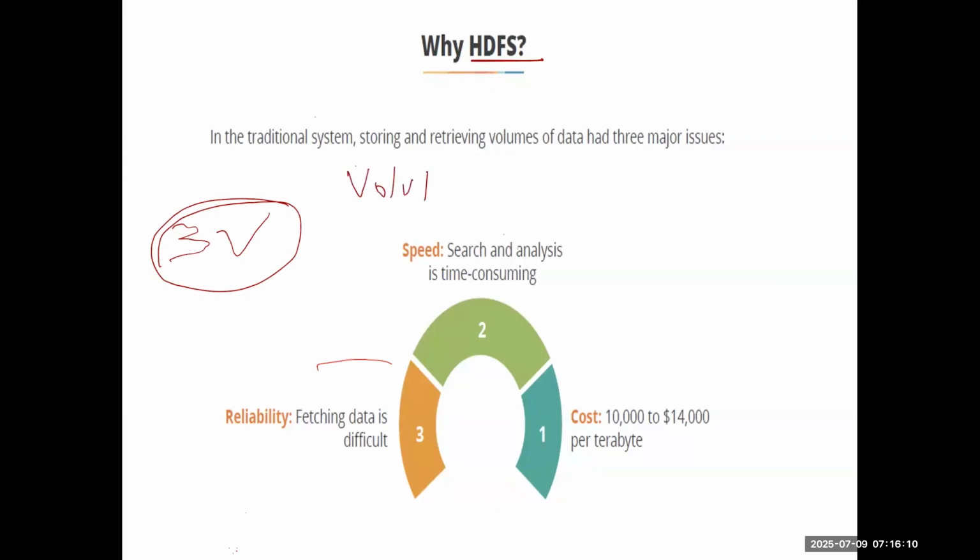The velocity is that we are getting it at speed, real time, so data consumption is very high speed. That is the second V. Veracity means any type of data, streaming data, logs, anything it can be. Those are the three problems we are seeing, and to solve those types of problems we are using HDFS.